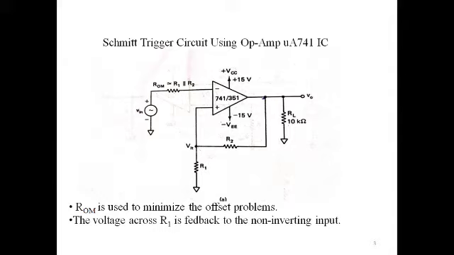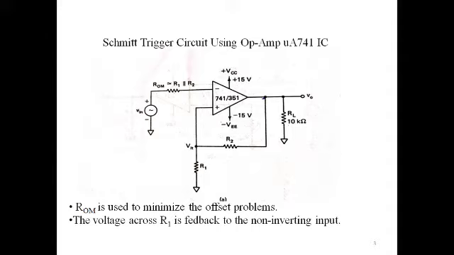Now the input voltage Vin you apply to this circuit must be slightly more positive than VUT in order to cause the output V0 to switch from plus V saturation to minus V saturation.